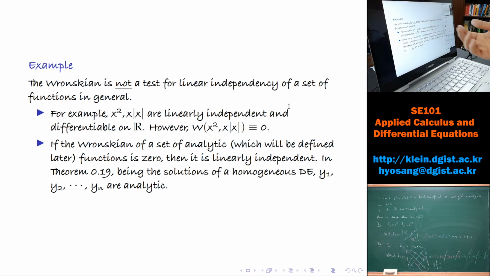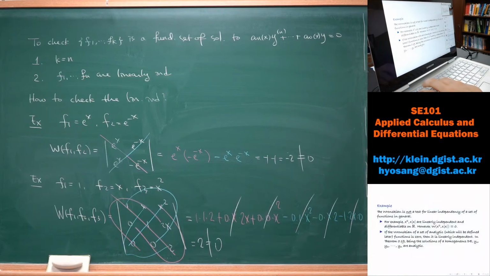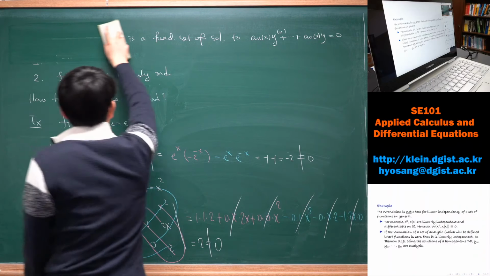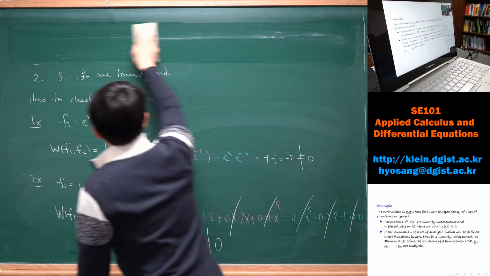But here is an example where the functions are linearly independent, but the Wronskian is 0. If it's linearly independent, intuitively it should have a Wronskian not identically 0. So first, let's check why it has a zero Wronskian, and also explain why these 2 functions are linearly independent.